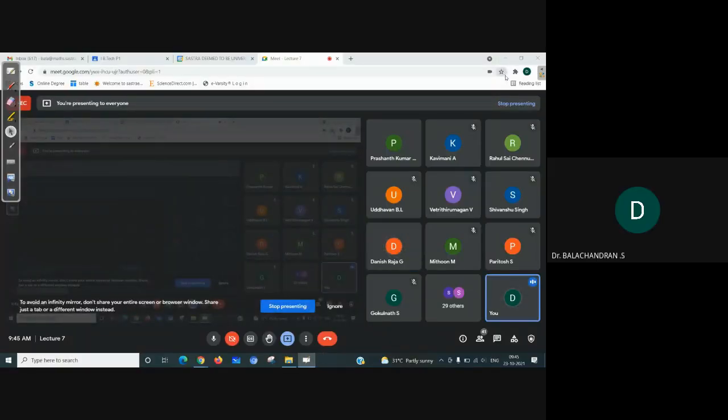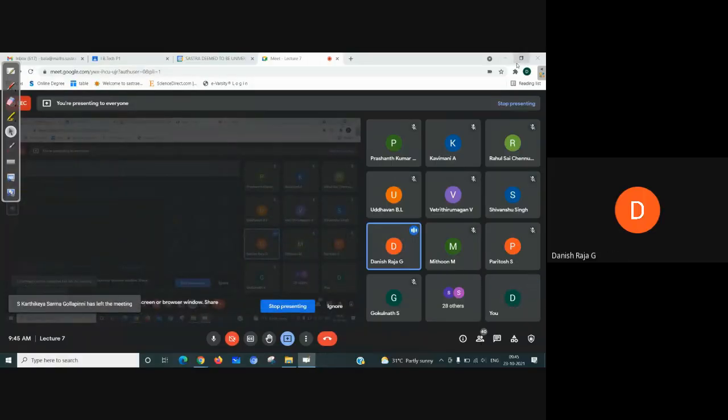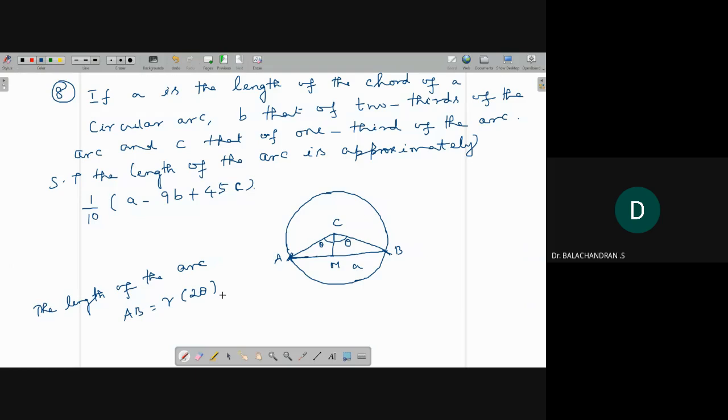Yes, what is your name? Ganesh Raja. Correct. R into usually theta, but here you have 2 theta, the angle subtended here. R into 2 theta. AC into 2 theta, sir. Radius into 2 theta. Yes, you are telling R equal to AC. You are right. I want to write in terms of R and theta.